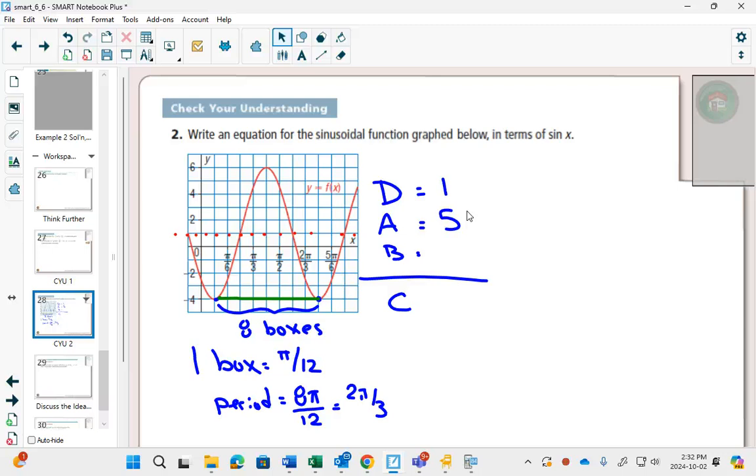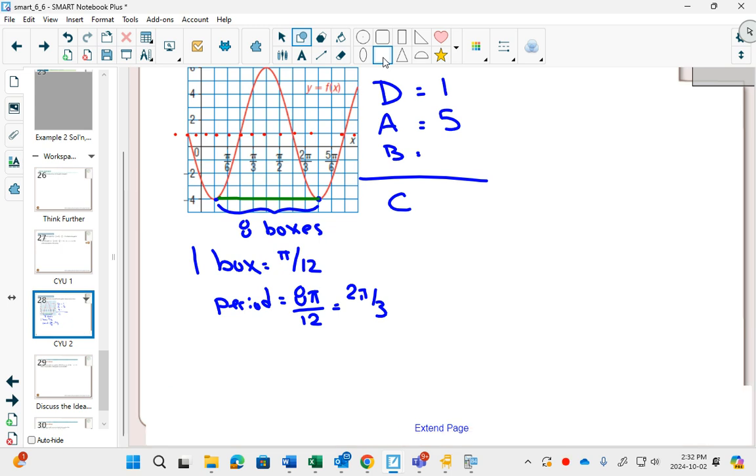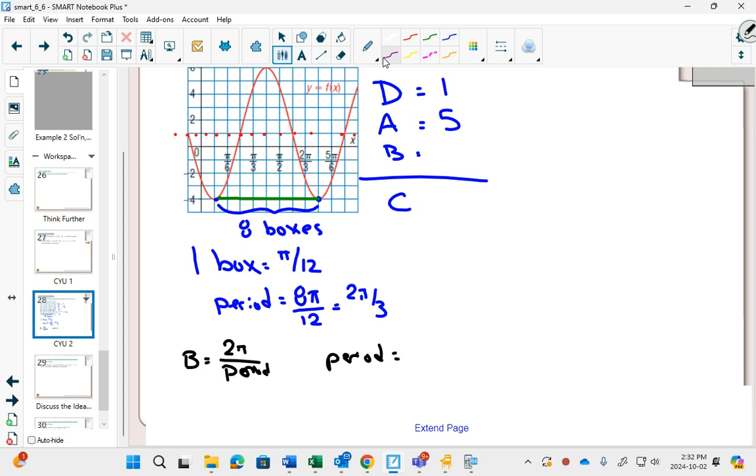That doesn't mean my B value is 2 pi over 3. We have formulas that aren't on your formula sheet that say the following, that your B value is 2 pi over your period, and we have our period formula, which is 2 pi over our B value.